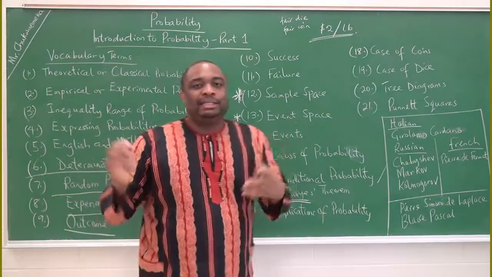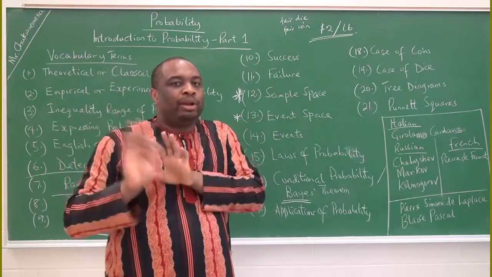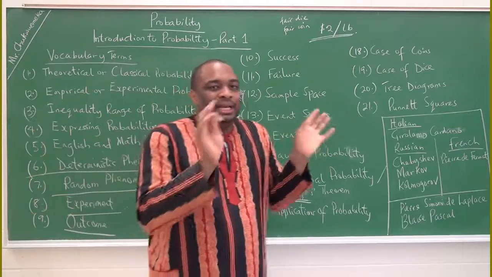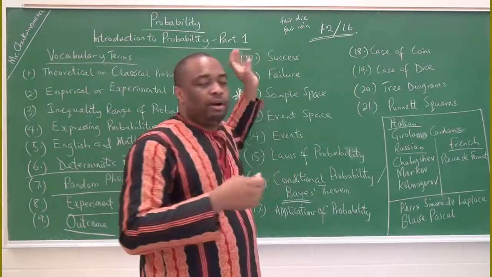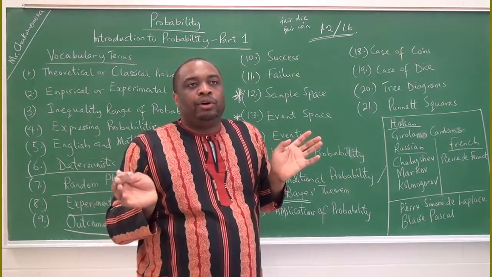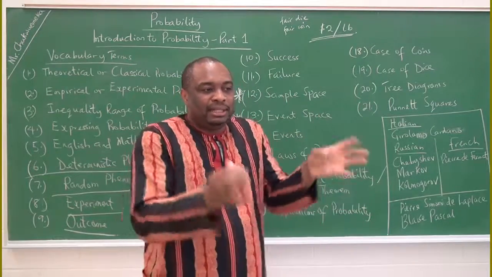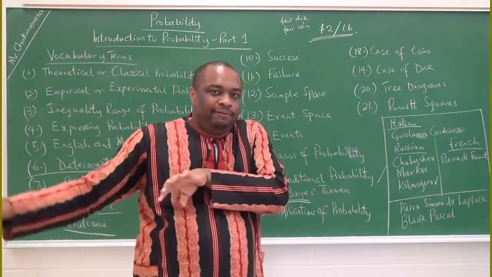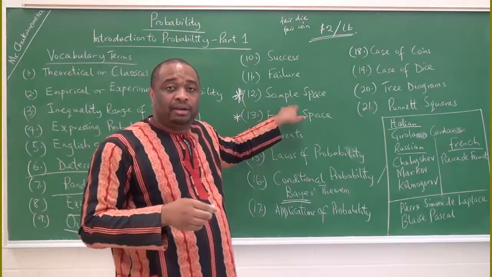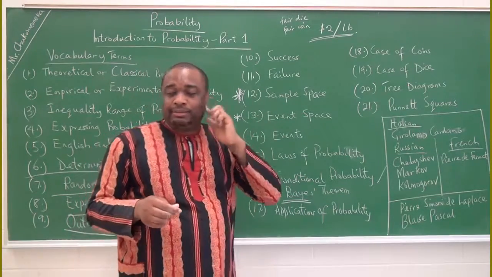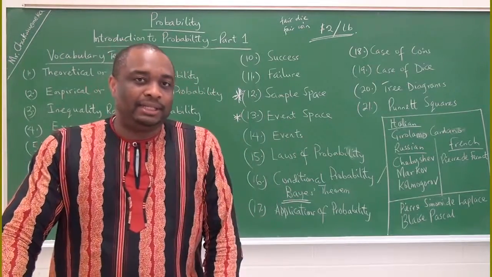Now, event space: sometimes we are not interested in unfavorable outcomes. Sometimes we're not interested in failures. We are just interested in some collection of outcomes, the positive outcomes, the successes. We are interested in just how many successes we want, not the failures.